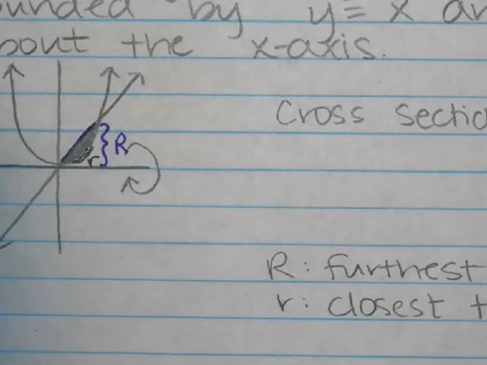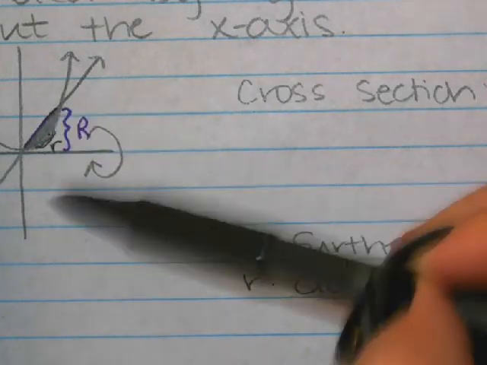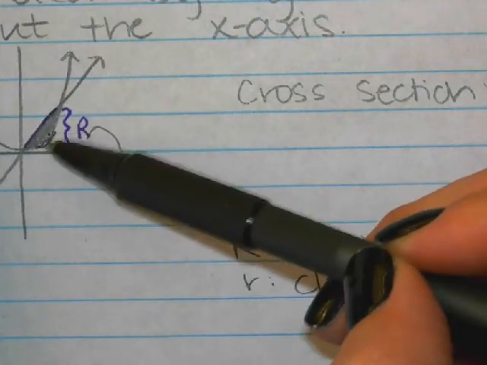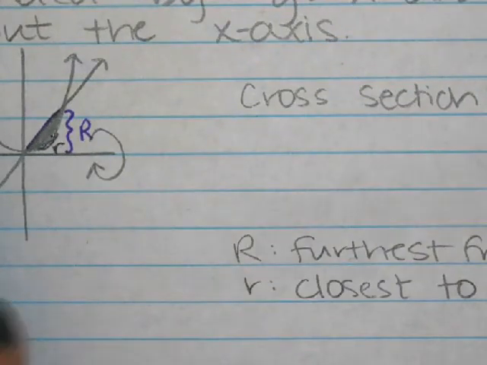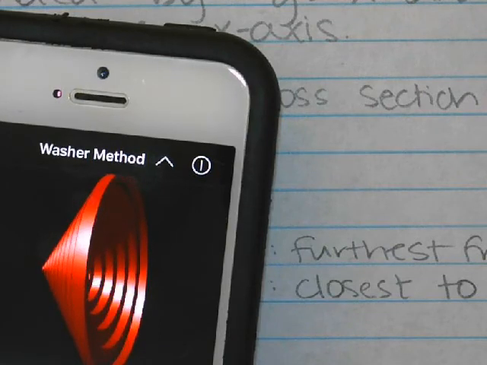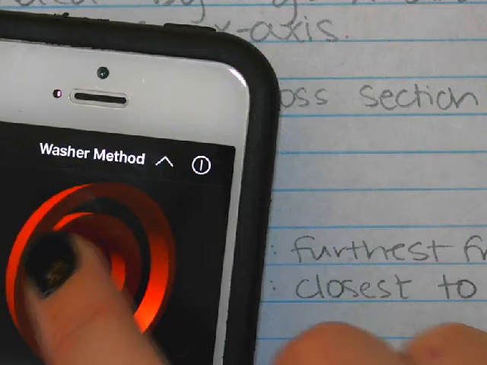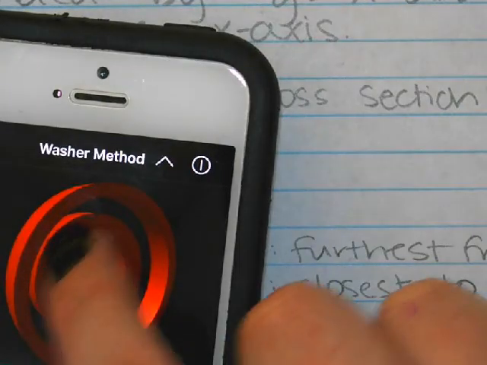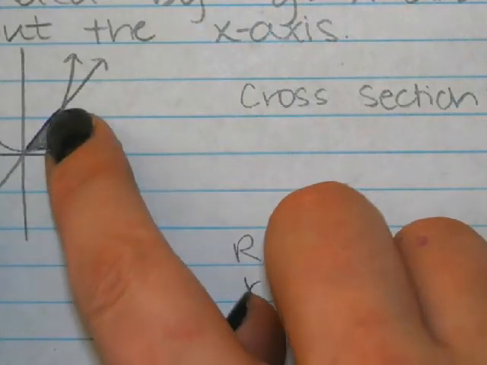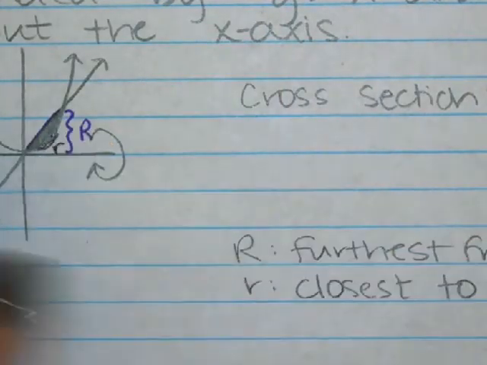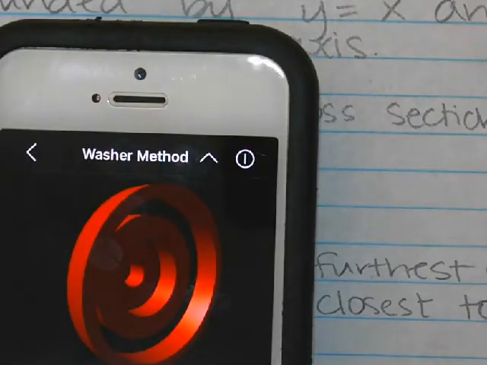So as I rotate it around and make that circle shape, this outside part would make the bigger part of the circle. This inside part would make the little piece of the circle. So when we look at these washers, see how there's the outer edge of the circle and then the inner edge of each circle? The outer edge comes from this line, and the inner edge comes from the other line. And they make that donut shape.